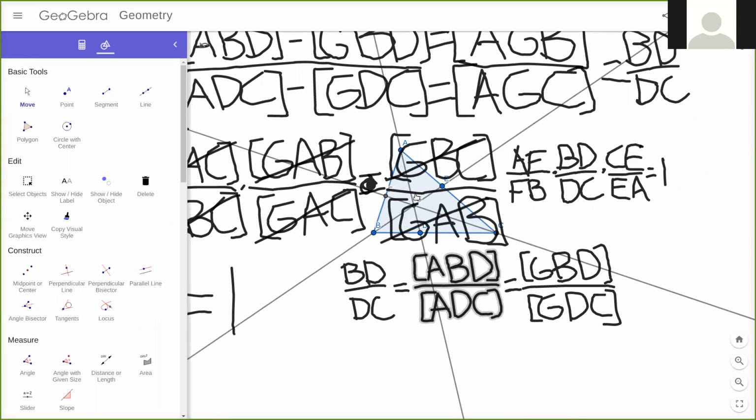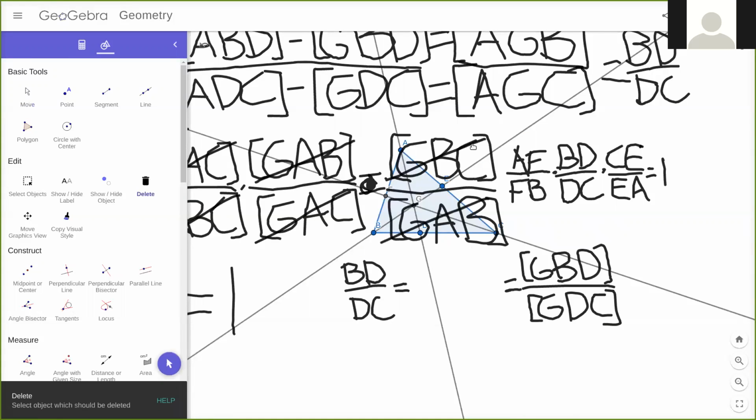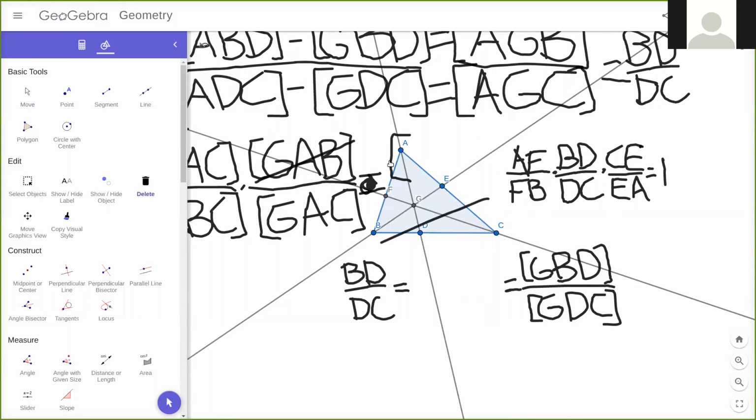So we've shown that if the Cevians are concurrent, then this holds. But how do we go from this to the Cevians being concurrent?